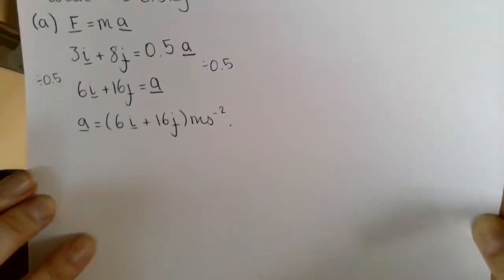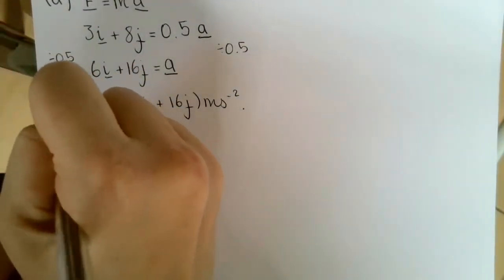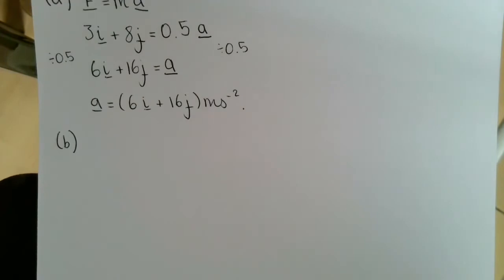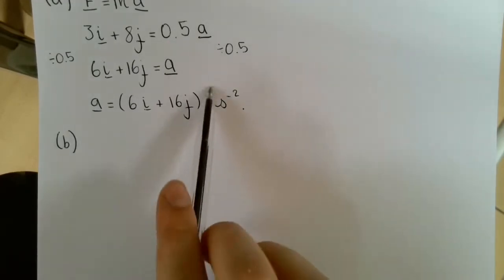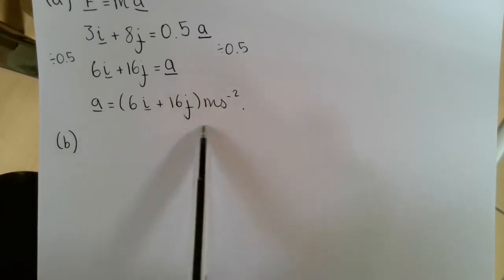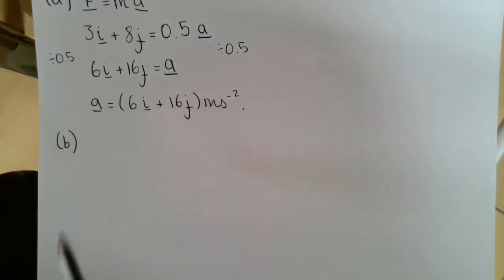For part B, we're asked to find the magnitude and the bearing of the acceleration of the particle. Now, in order to do this, what will help is if we draw a diagram of these unit vectors for the acceleration.